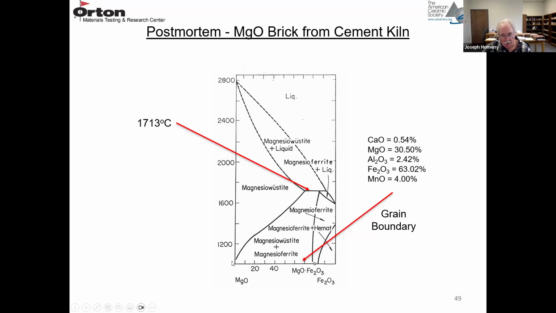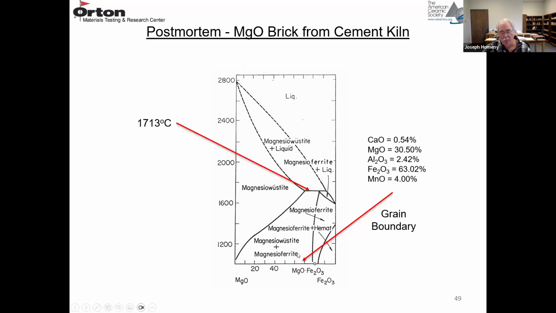And if you put this on a diagram of MgO Fe2O3, you're right about here. And if you go up, you're in the magnesiowustite, magnesioferrite phase field. Magnesiowustite was MgO-FeO, and then the ferrite is MgO Fe2O3. But before you form any liquid, you're at 1713 degrees C.